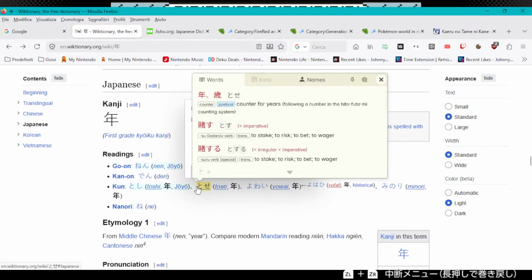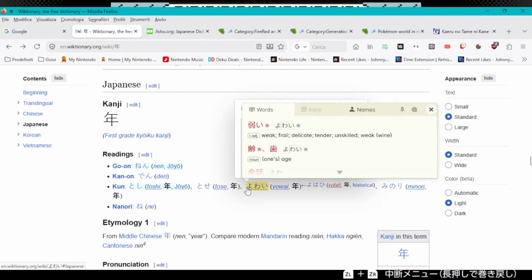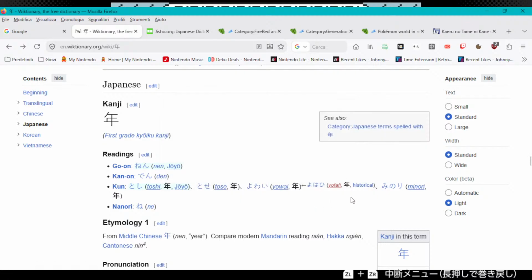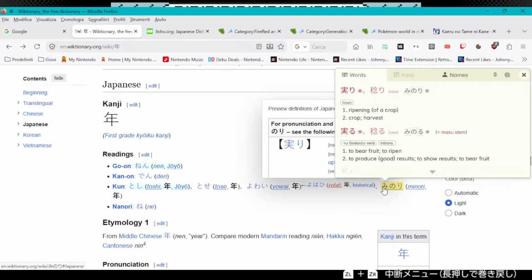Tose, as a variant, clearly as another counter for ears, but not important. I honestly completely ignore it. This one as well.